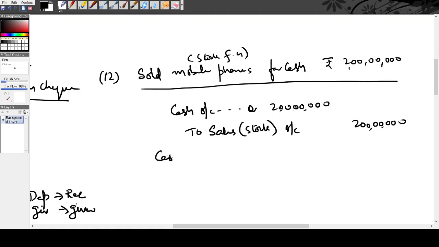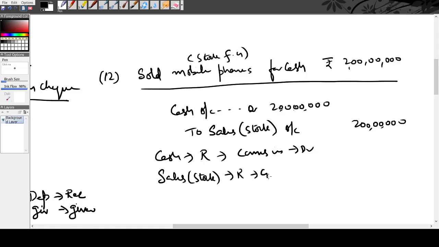So what is the logic? Cash, real account comes in, hence debit. Sales, you can say within bracket stock, it is real account, goes out, credit. Or we can also call as sales is income for the business, it's gain for the business. Nominal account, incomes and gains, credit.